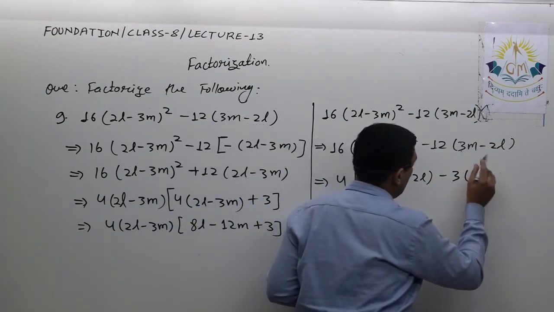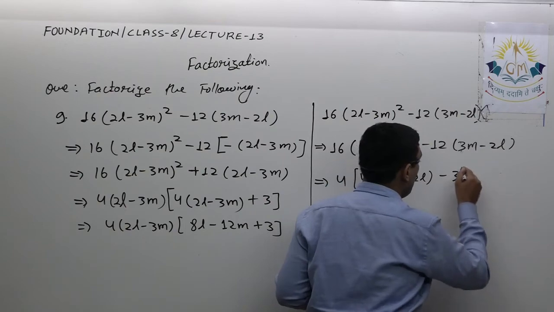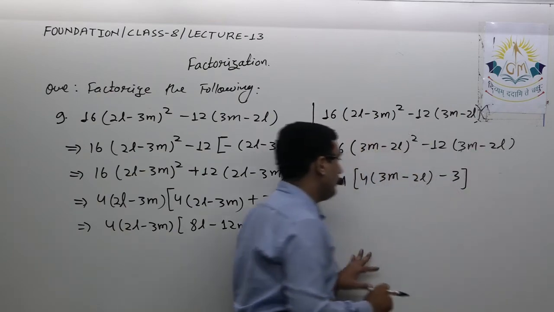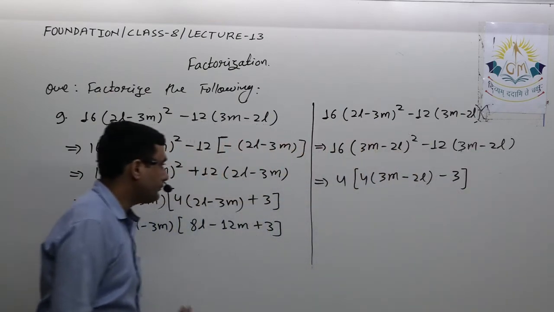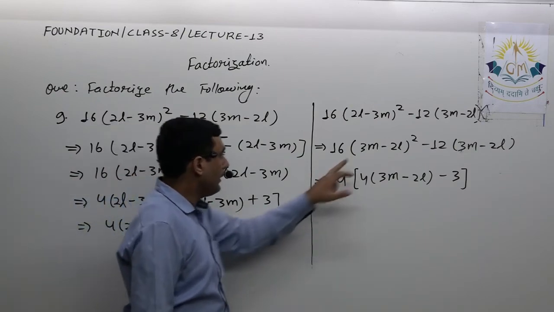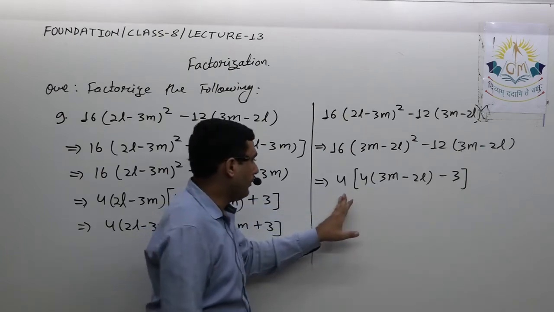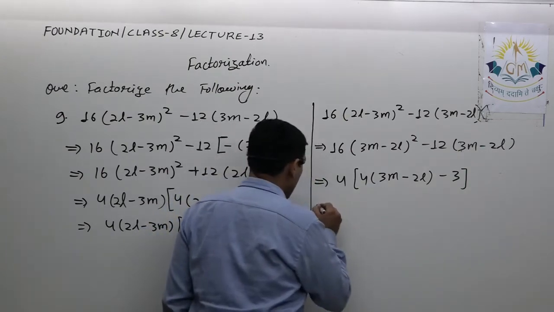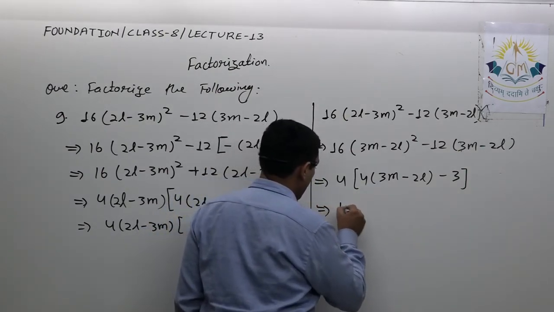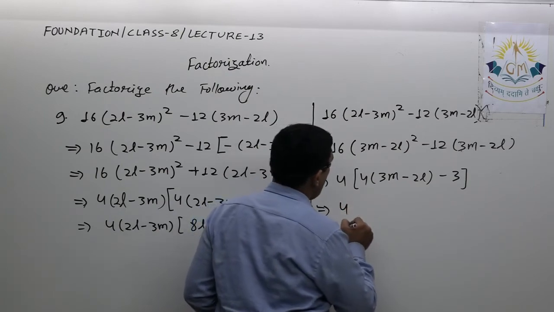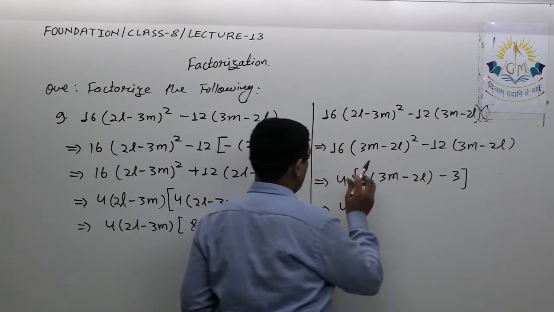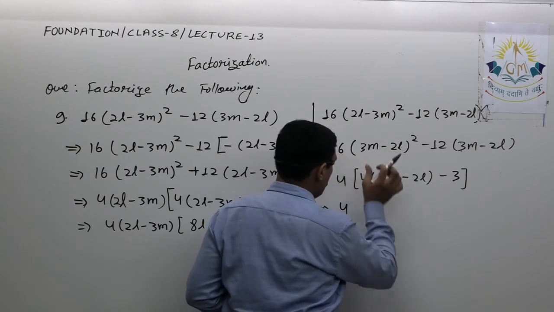Minus 3, 3m minus 12 is already taken common. So here I took 3m minus 12, so minus 3 will be left over because 4 is already taken common. Now when I open the bracket, here 4 remains as it is.